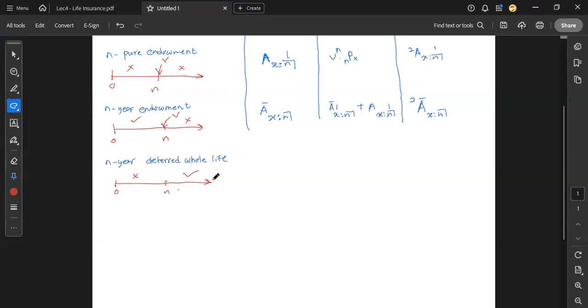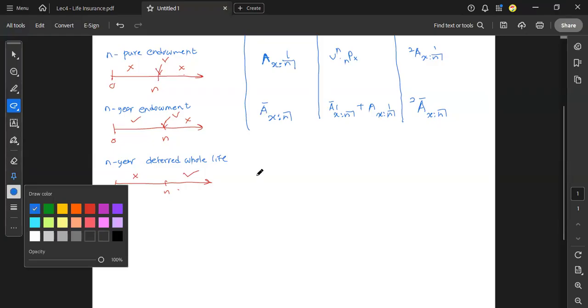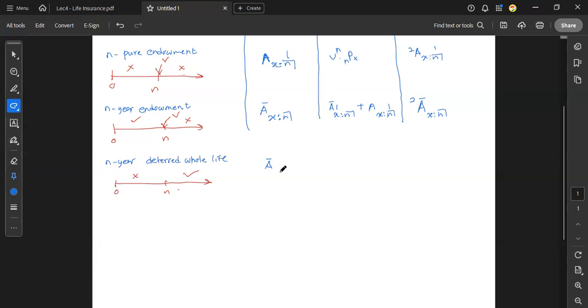But after that, you get a payment. So the notation says continuously, which means benefit is paid at the moment of death for a person who is at age X, but the insurance starts after n years.